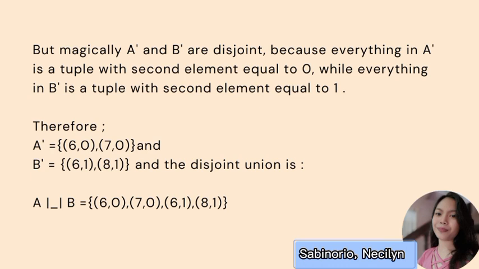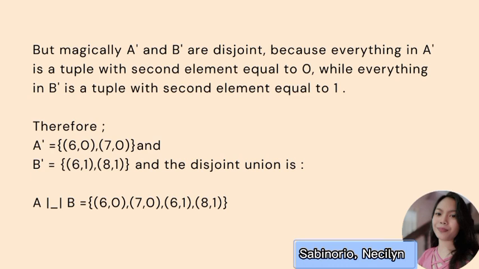Then the disjoint version of B is equal to (6, 1) and (8, 1). So kapag pinag-combine natin yung dalawang sets, it is equal to (6, 0), (7, 0), (6, 1), and (8, 1). So these are the disjoint union of sets A and B.